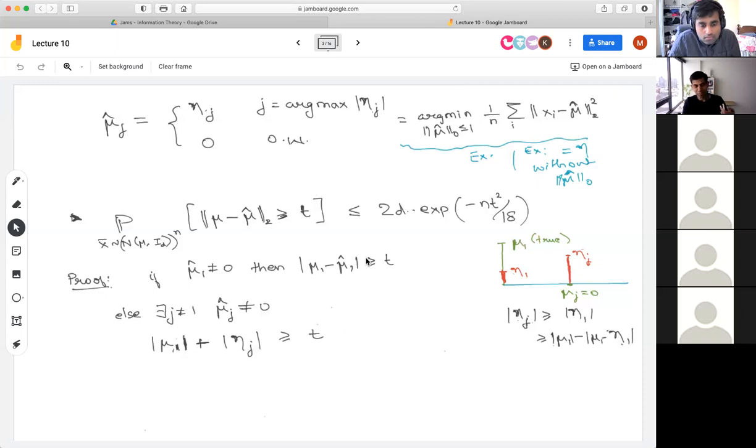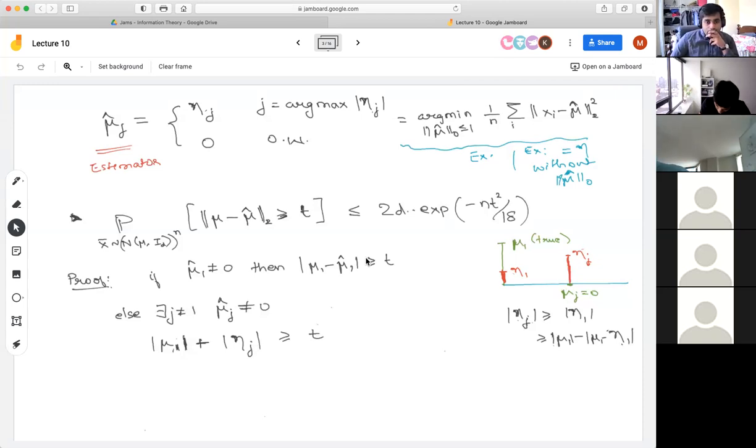We look at this estimator mu hat, which we also wrote down here. Both the true mean and our estimator have exactly one non-zero coordinate. So there are two cases. Either the non-zero coordinates match. Let's say the non-zero coordinate in the true mean is mu1, the first coordinate.